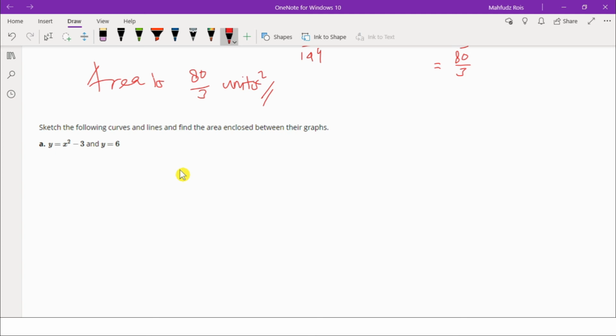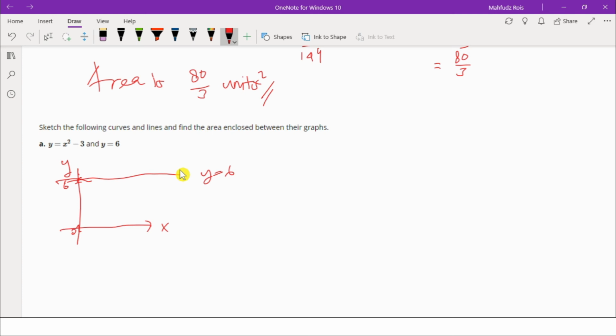So if we sketch, it will be x, y. This one is 6, so it will be y equals 6, right? And then y equals x squared minus 3. It should be like this. It's a curve upward, right?